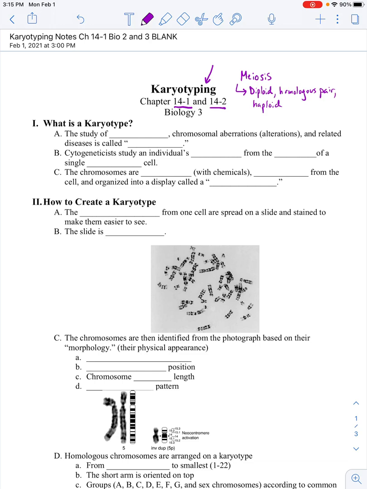So to start, the study of chromosomes, chromosomal alterations and related diseases is called cytogenetics.